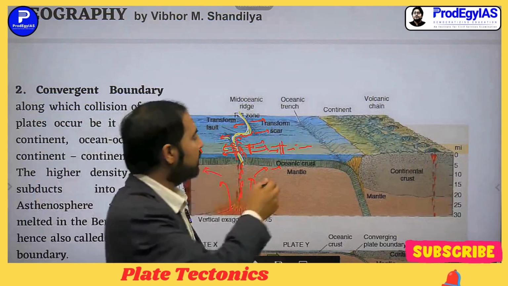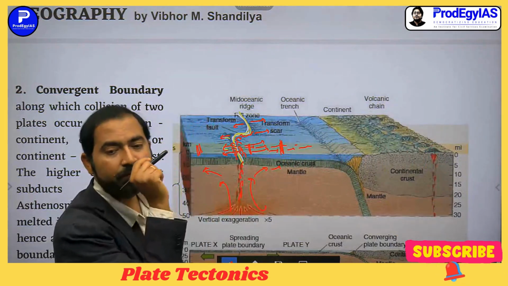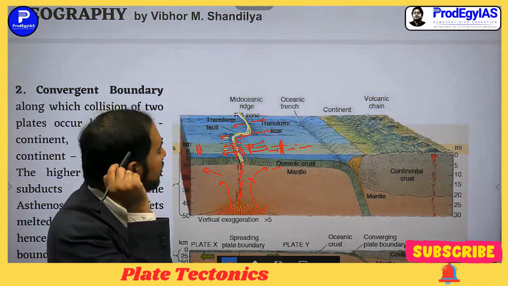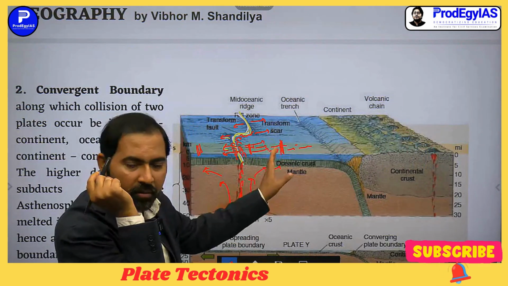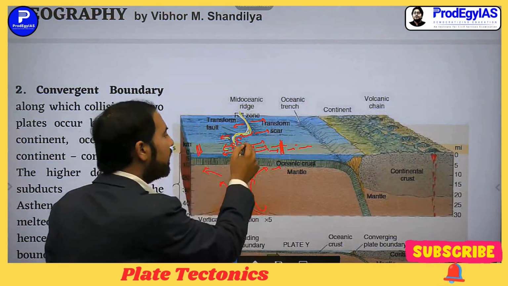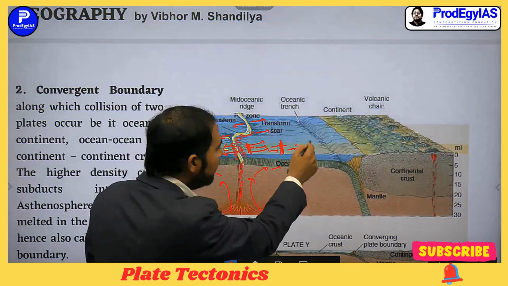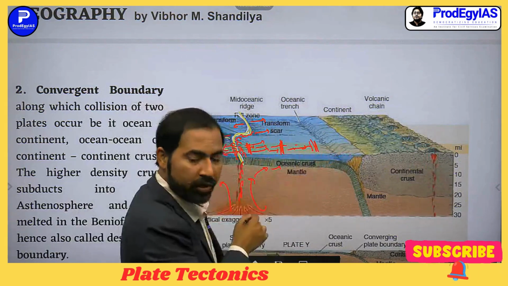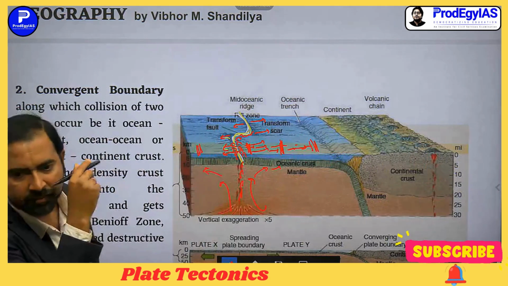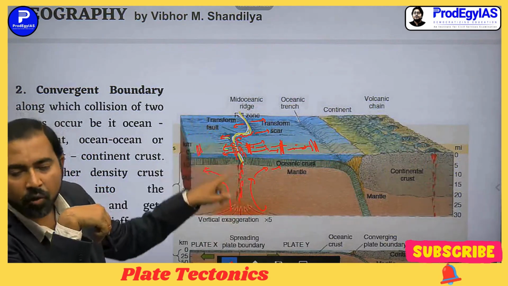He saw that here the magma is older, so he could conclude that it is older because previously it was here and then it has moved. As he moved away from these rift areas, the magma was getting older and older, meaning its age.